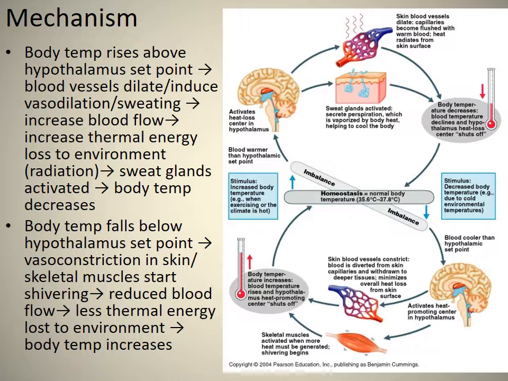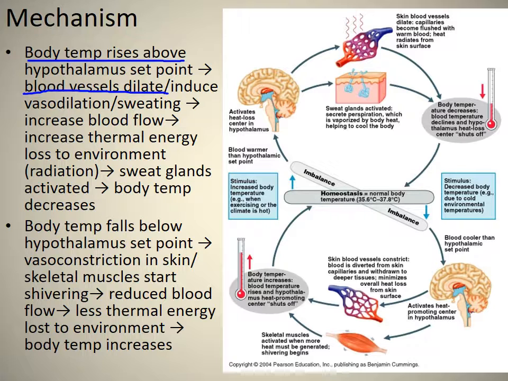So when we get too hot, our body temperature rises above the set point. Hypothalamus will then see that, and what will the hypothalamus do? Well, it receives information from thermoreceptors, integrates information, and then it will send out information to blood vessels. Blood vessels dilating means that the lumen of the blood vessel will widen or get larger, allowing more blood flow.